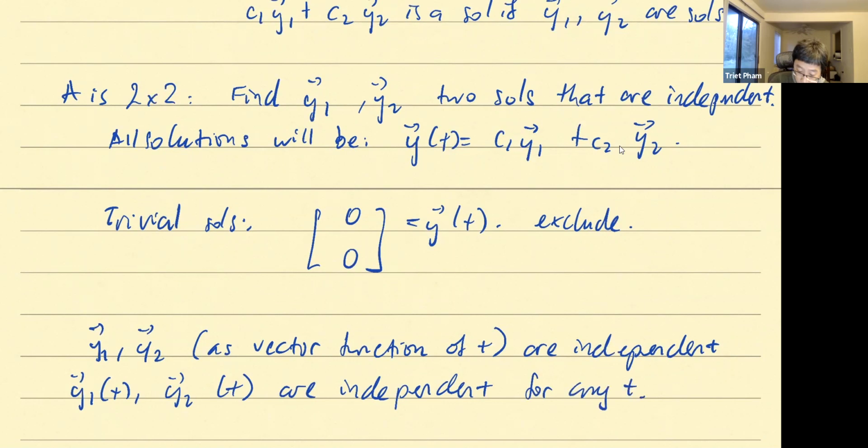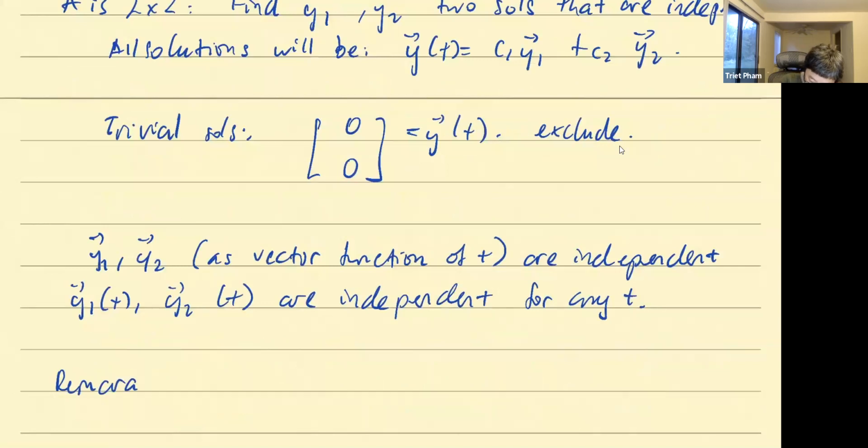Of course, when you fix a t, then they become static, so you just do what I did before. If it's 2 by 2, then it's saying this guy is never a multiple of that guy, for any t.